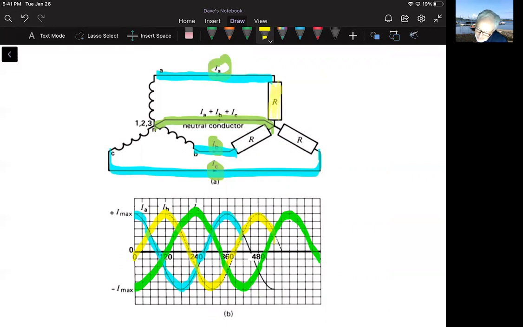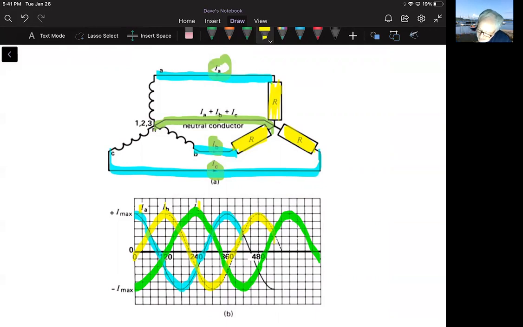Here too, we have 3 resistive loads. So the current and the voltage will be in phase with each other for a particular phase, but in relation to the other currents, currents A, B, and C will maintain this 120 degree difference.